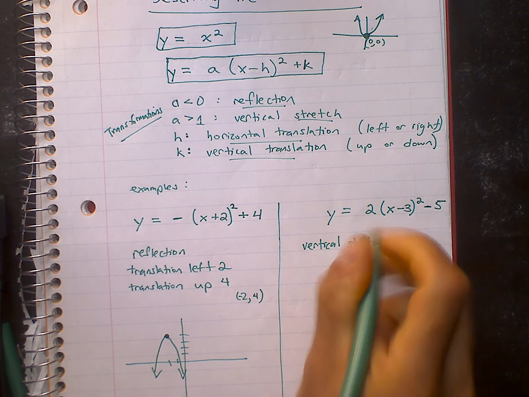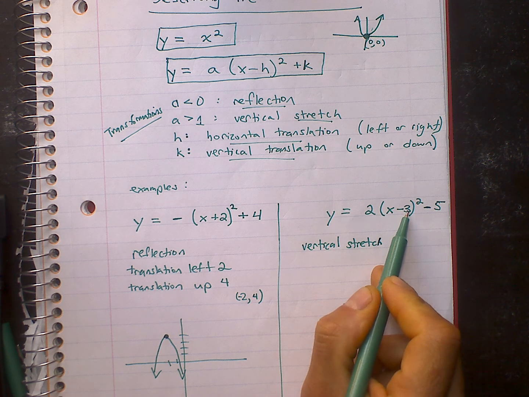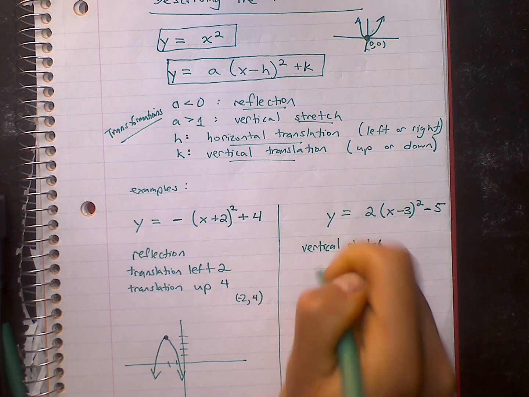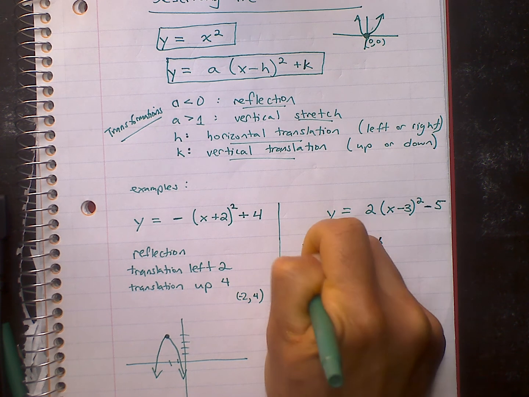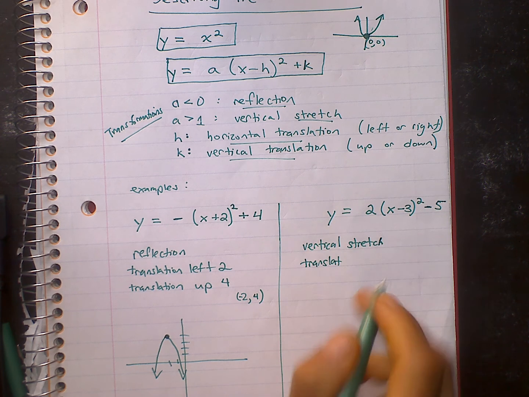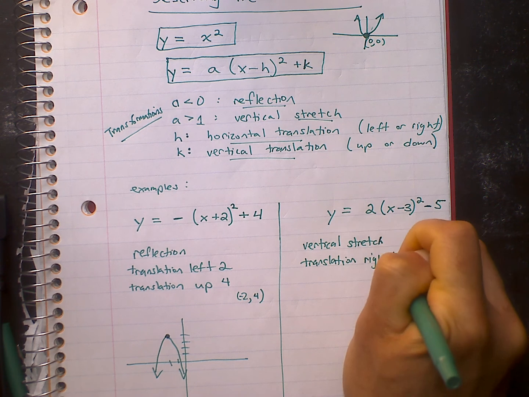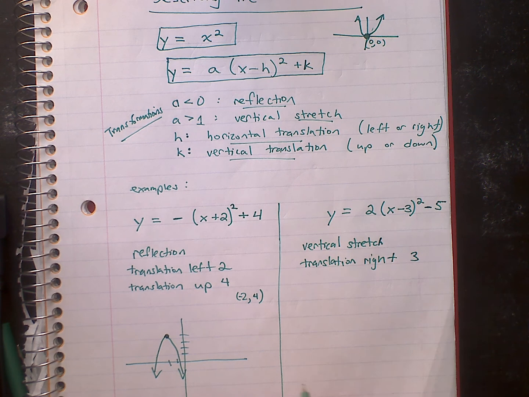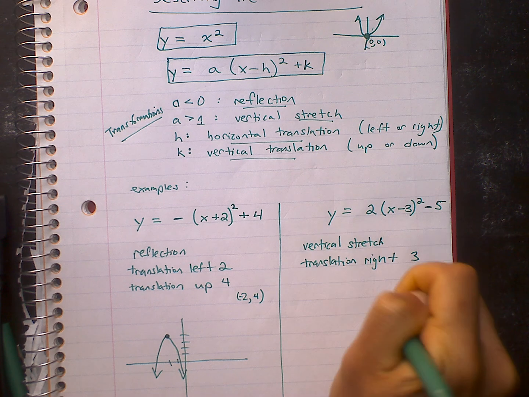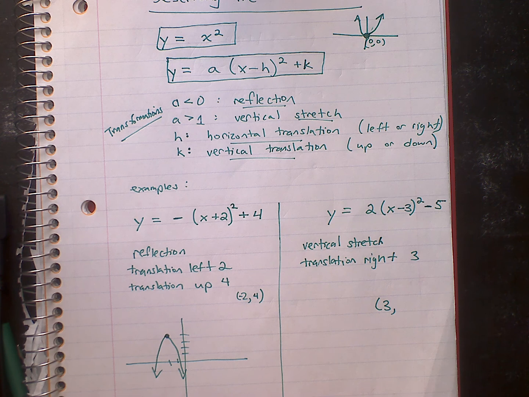Okay, the h, x minus h, is actually a positive 3 because it's x minus that value. So that is going to actually move, when you're deciding left or right, that's actually going to move the vertex over to the right. Translation to the right 3 units. In other words, when I'm stating what the vertex is, that is going to be a positive 3.